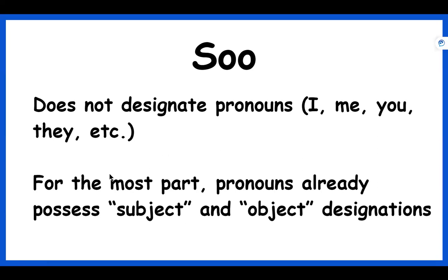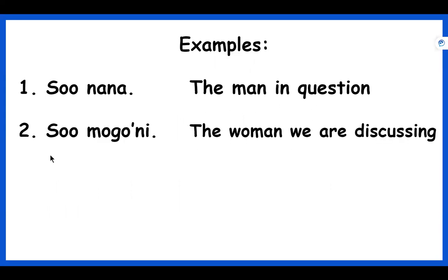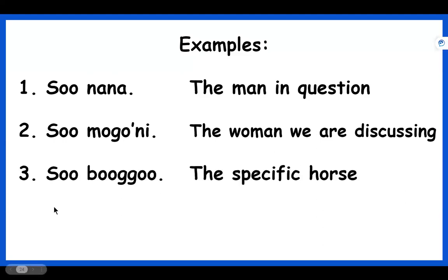So examples. Number one, sunana. That means the man in question, or the man we're talking about. Number two, sumogotni. Sumogotni means the woman we are discussing, the main subject of our conversation.